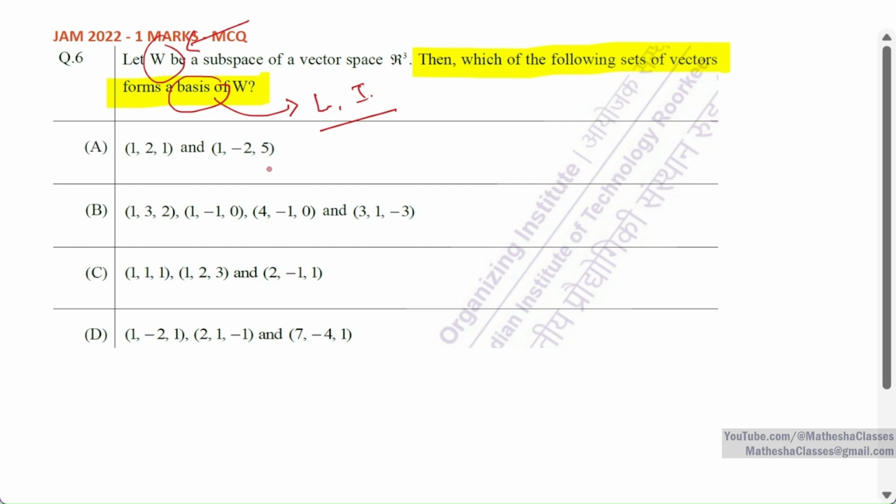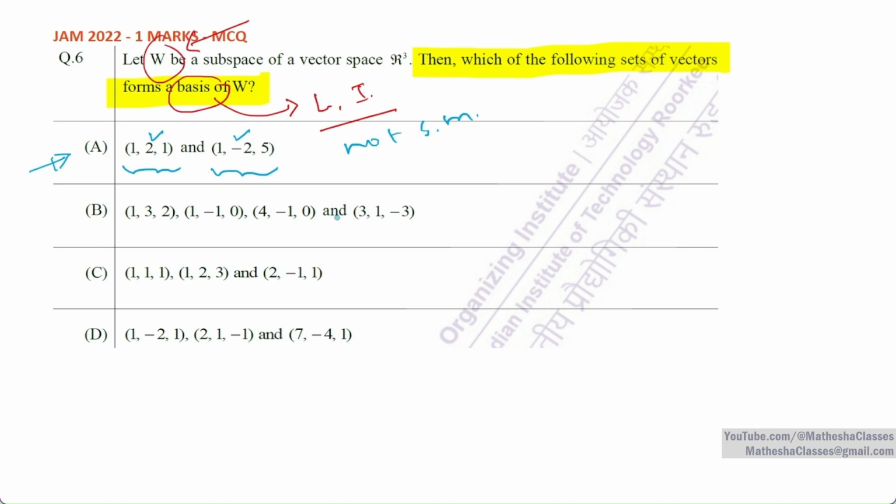Note carefully, when you are considering option A, you have been given just two vectors, and two vectors will be linearly independent if they are not scalar multiples of each other. Here the vectors you have been given are (1, 2, 1) and (1, -2, 5) in R3, and definitely they are not scalar multiples. So by the trick that we have learned, we can say that this set of vectors is linearly independent.